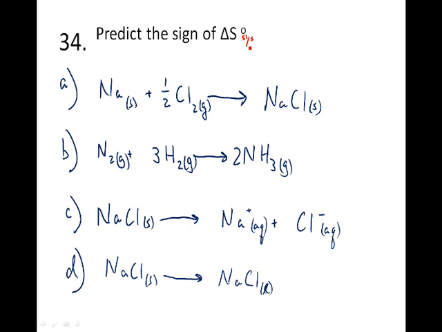Now, this system is in part A. Here you're going from 1 1/2 moles of reactants to 1 mole of products. And as you do this, you're making the system more organized.